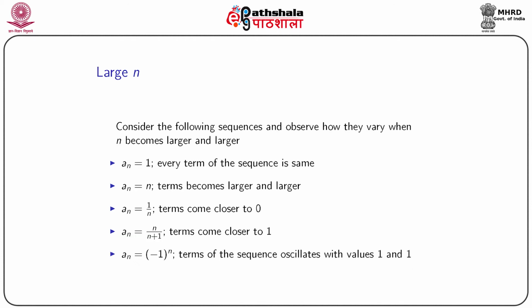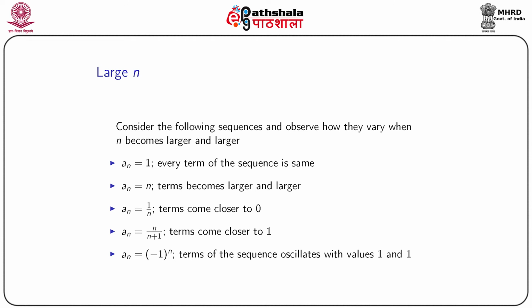Once we define the sequence of real numbers or sets or functions, the next job is to see the behavior of the sequence when we vary n. What will happen if n becomes larger and larger and larger? So we'll start with a few examples.